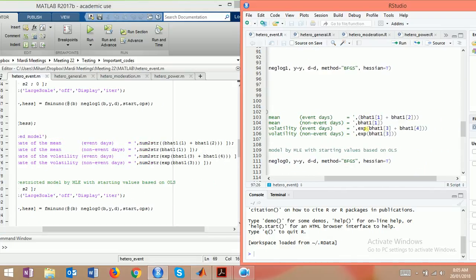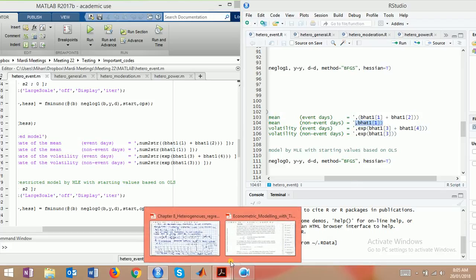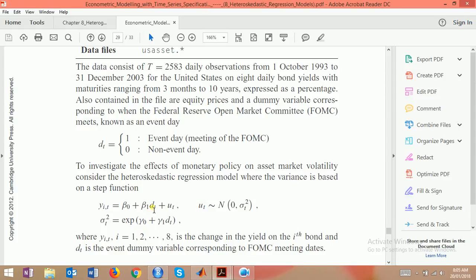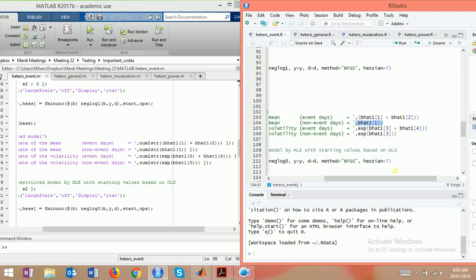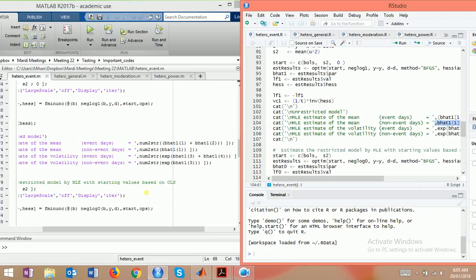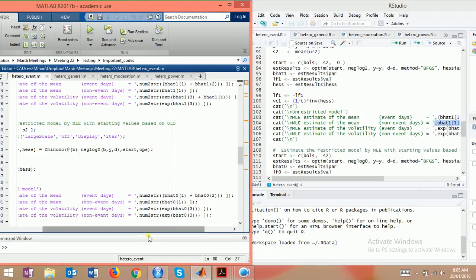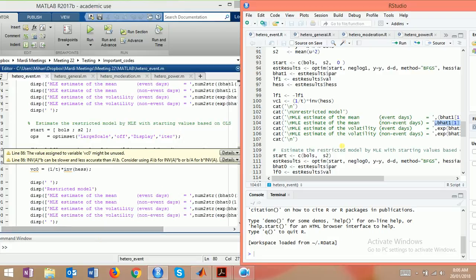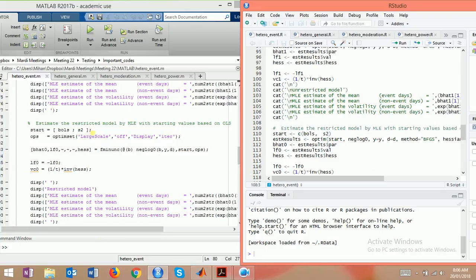In event day we add up beta naught, beta 1. In non-event day just beta naught, because non-event day doesn't have d. Beta 3, beta 4 in event day, non-event day just 3. That's it, very simple. Then in the restricted model, we don't have d, so that is completely 0.